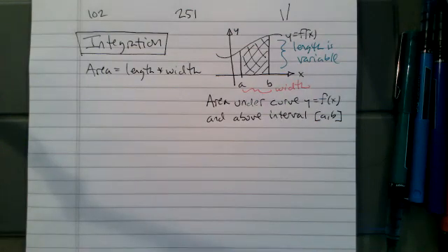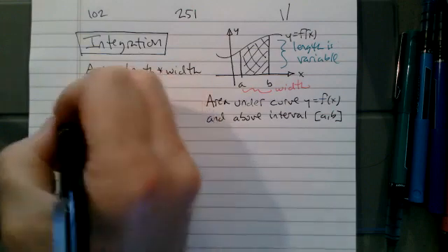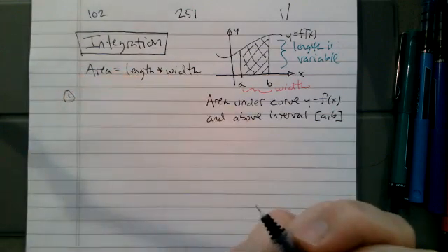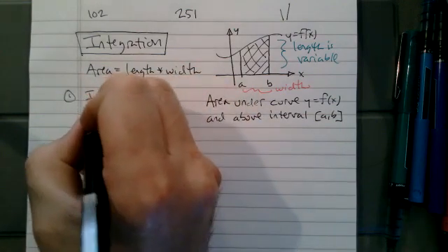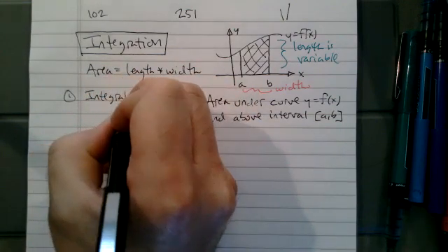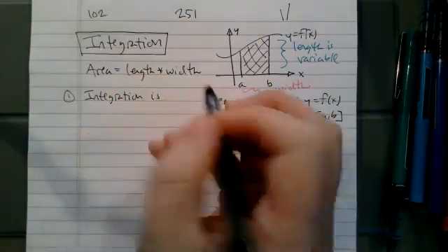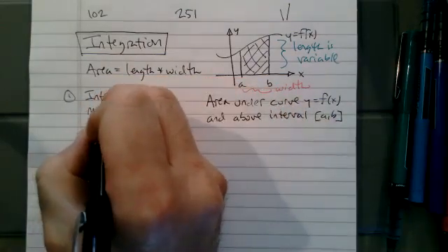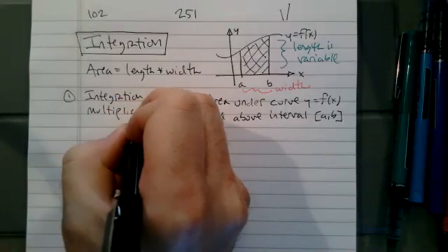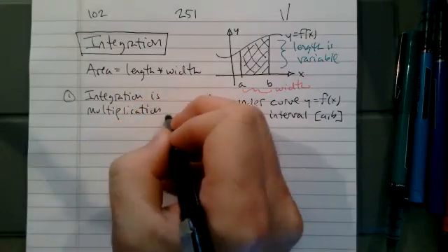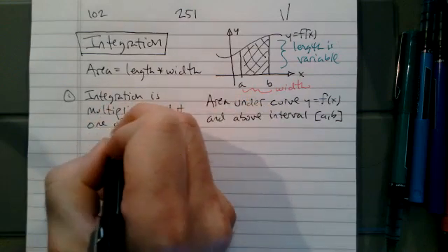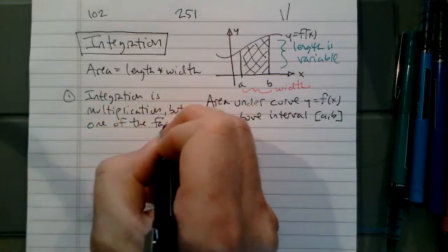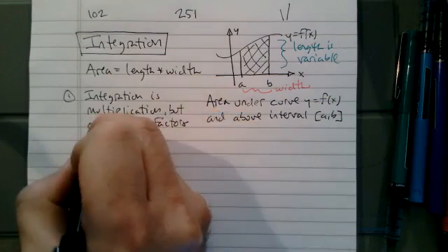So the things that we thought about with integration. Integration is multiplication in which one of the factors is variable. Integration is for multiplication but one of the factors is variable.